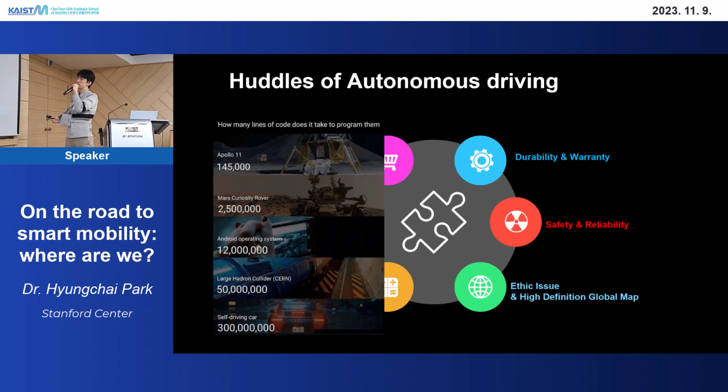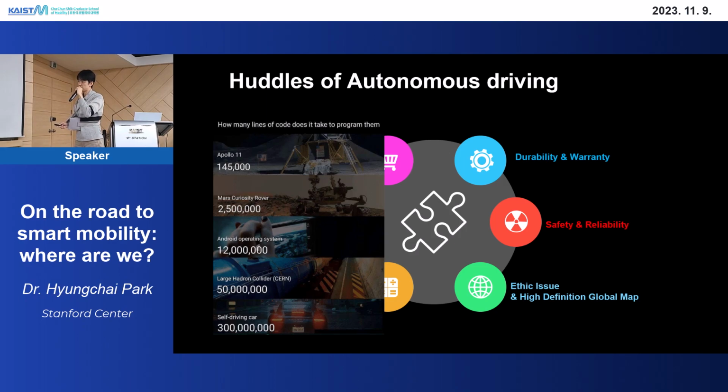The Apollo 11 project required 155,000 lines, but people say autonomous self-driving cars require 300 million lines of code. So bringing a person to the moon may be much easier than self-driving car implementation.